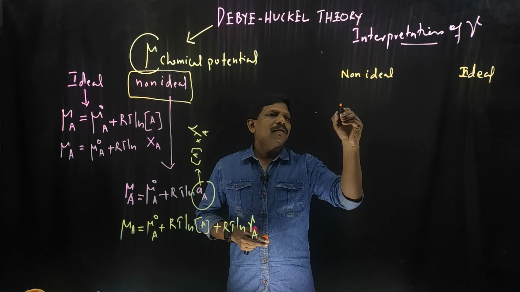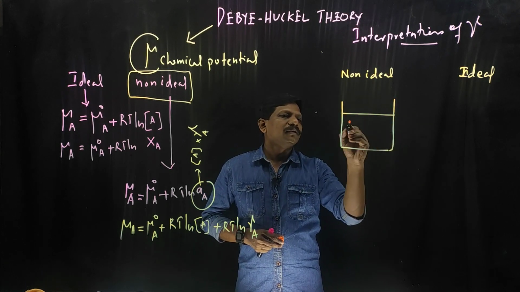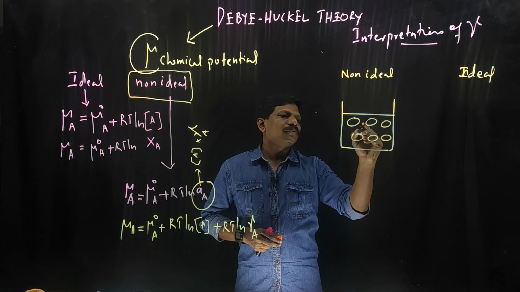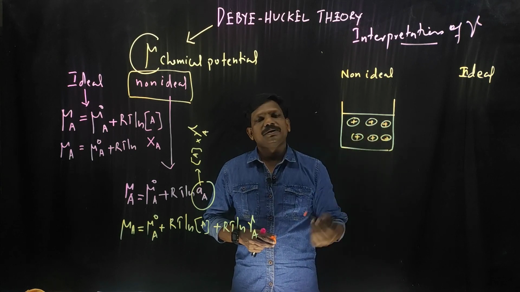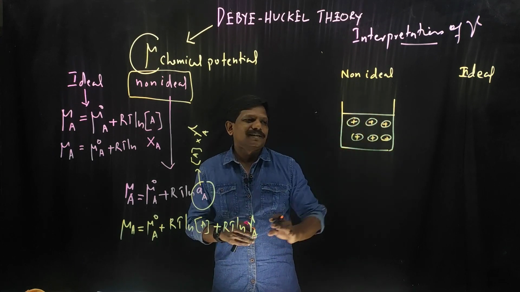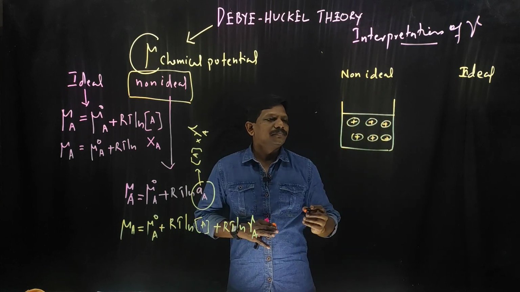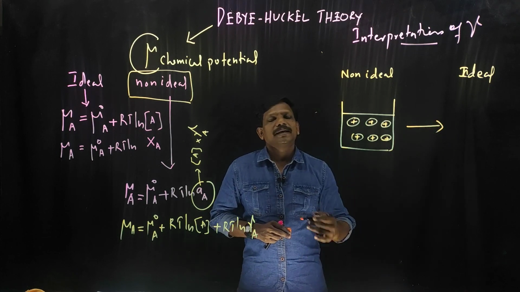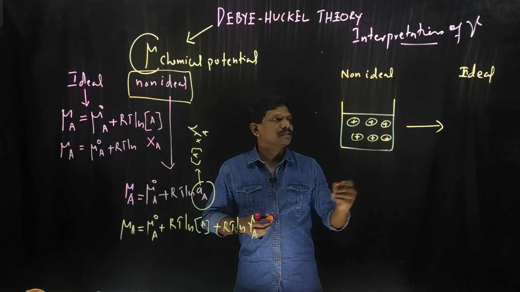Okay, the non-ideal one I am drawing is a solution where the charge is present. For our convenience, I am just showing the positive charge. You know that if positive charge is there, there is also negative charge. I am not highlighting that negative charge, but it is there. So this is our charged solution, and I am taking another situation that is actually a hypothetical situation.